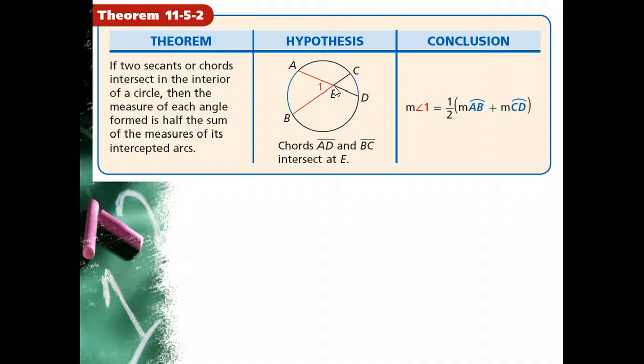And they're unequal because you can see that our secants, our chords are unequal as far as where they intersect. So the measure of angle 1 is equal to 1/2 arc AB plus arc CD.